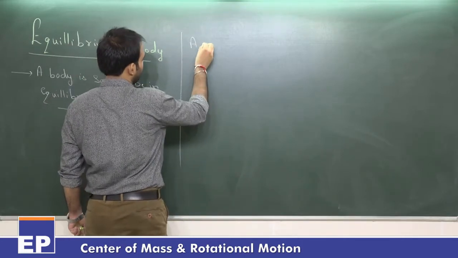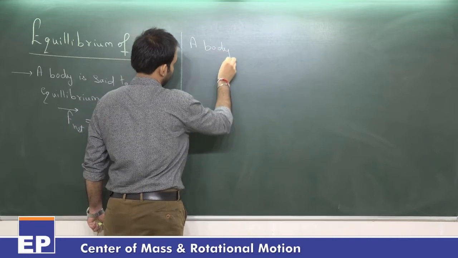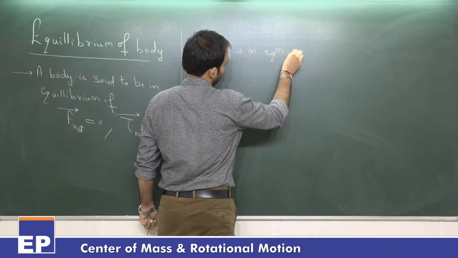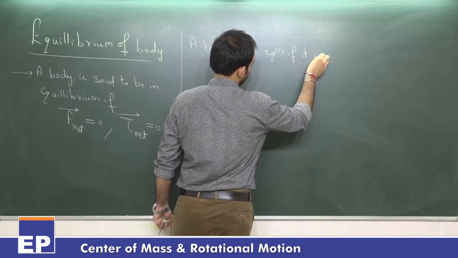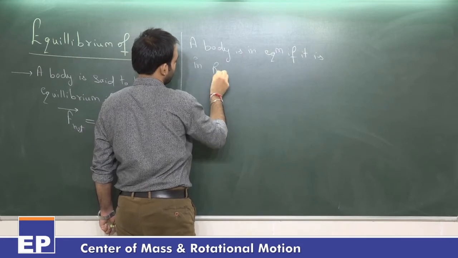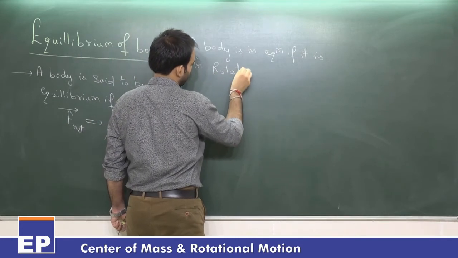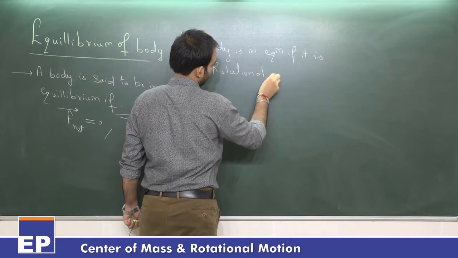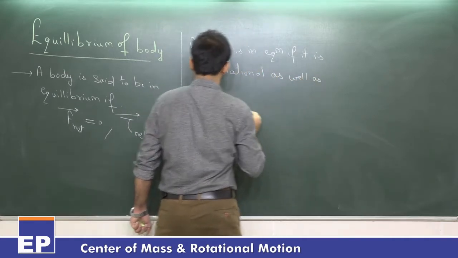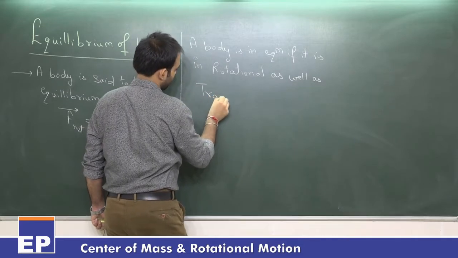So a body is in equilibrium if it is in rotational as well as translational equilibrium.